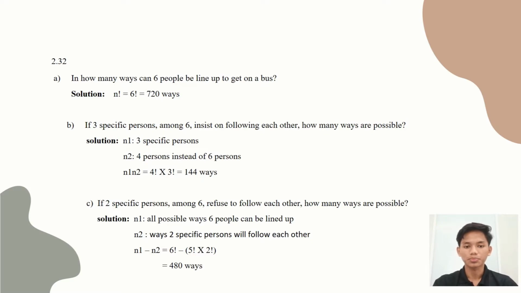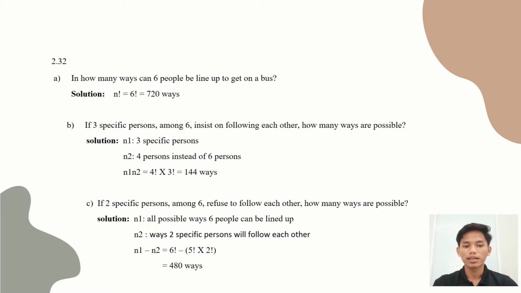Question C. If 2 specific persons among 6 refuse to follow each other, how many ways are possible? So the solution, we find that the number of ways 2 specific persons refuse to follow each other is all possible ways 6 people can be lined up minus the ways 2 specific persons will follow each other.